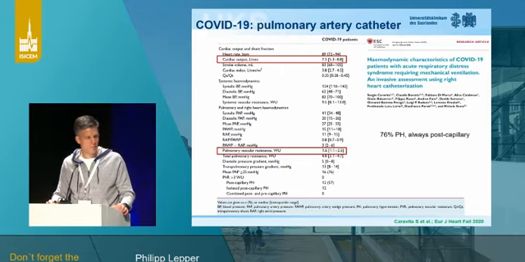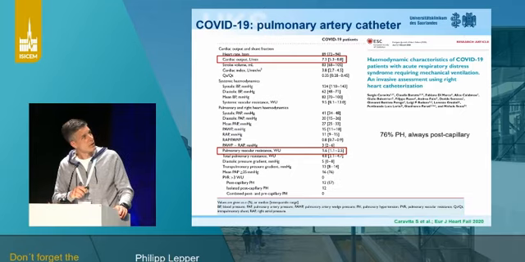In COVID, it might be slightly different. This is a study from Italy, where actually pulmonary vascular resistance was not elevated in these patients at a relatively high cardiac output.